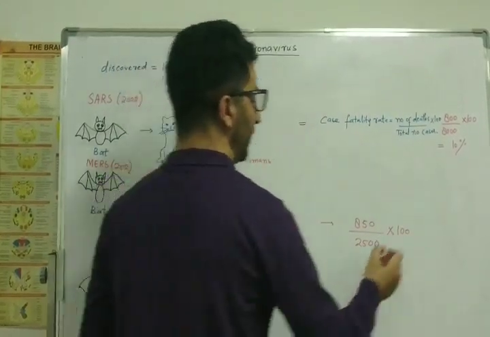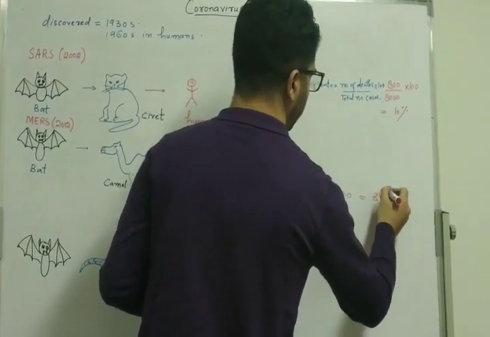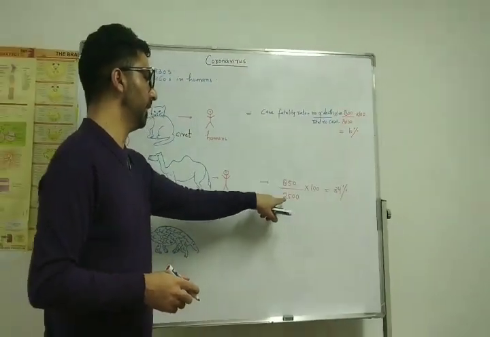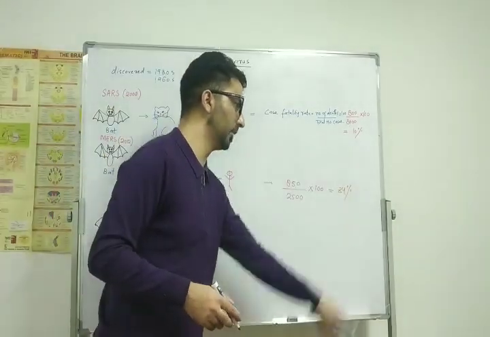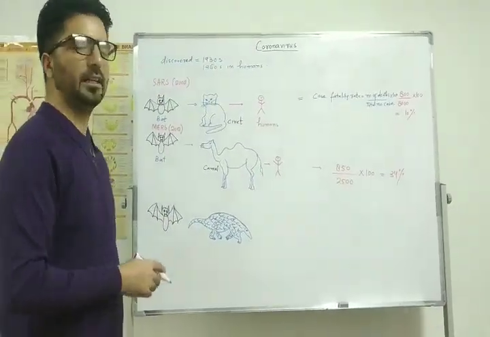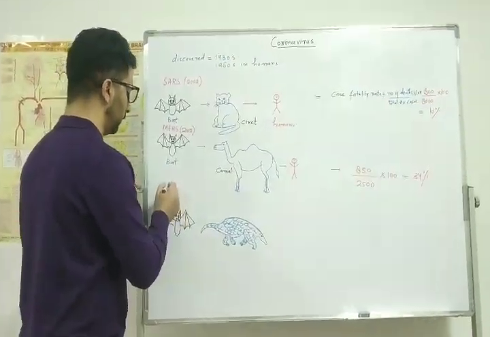This gives 34%. So the number of deaths was 850 and 2,500 was the total number of cases, multiplied by 100. That gives 34%. Now today, that's called COVID-19. I'll write it here again: COVID-19.